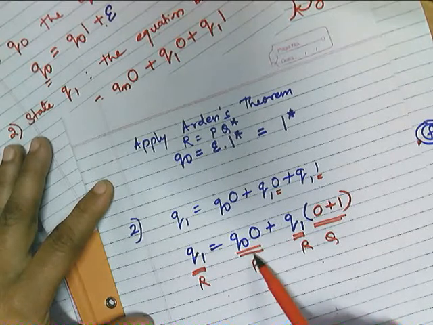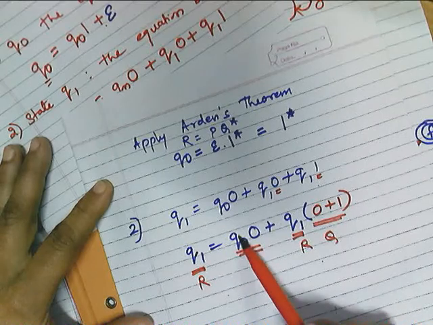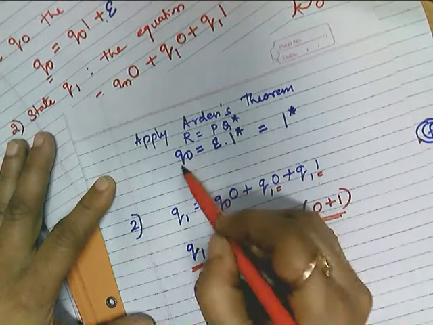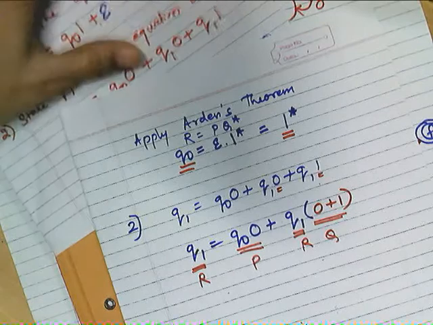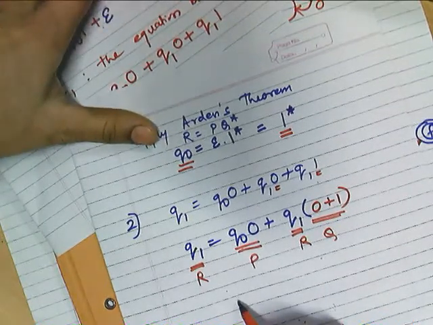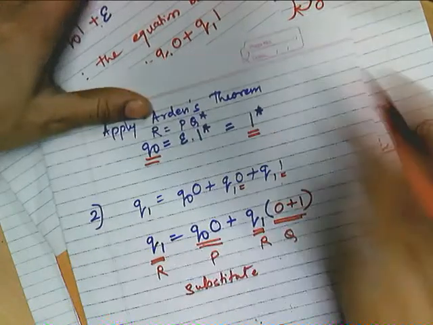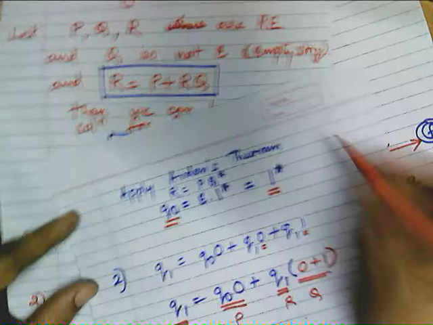Is it known? So here again we are having a state, which should not be allowed to make it a final expression. So can we substitute this value of Q0 into it? Suppose I am numbering this as the first equation, this as the second, and this as the third.